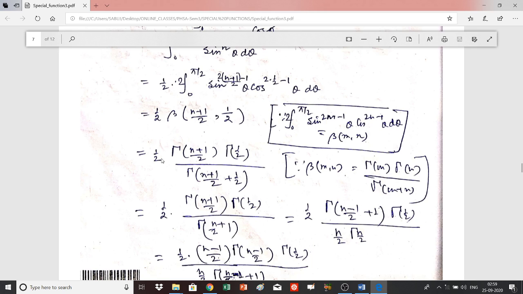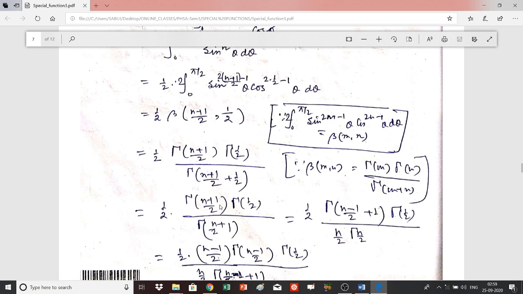That is done here. Half, gamma (n plus 1 by 2) gamma half, then gamma (n plus 1 by 2 plus half). That will give you 1 by 2 gamma (n plus 1 by 2) gamma half by, from here you will get n plus 1 by 2 plus half, that is n by 2 plus 1. That is equal to half. You can write this as gamma n by 2 gamma (n minus 1 by 2 plus 1).